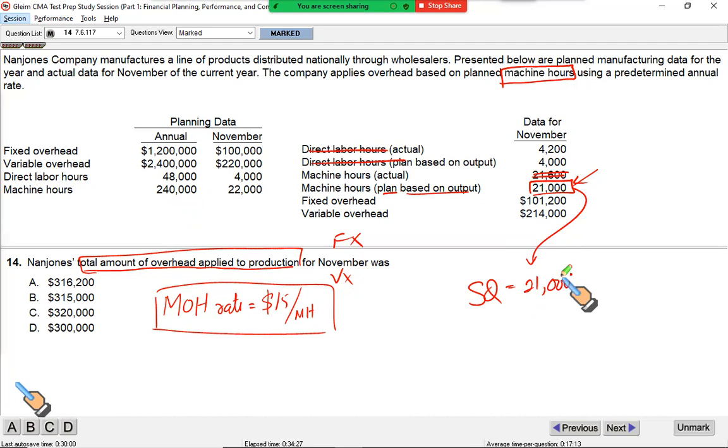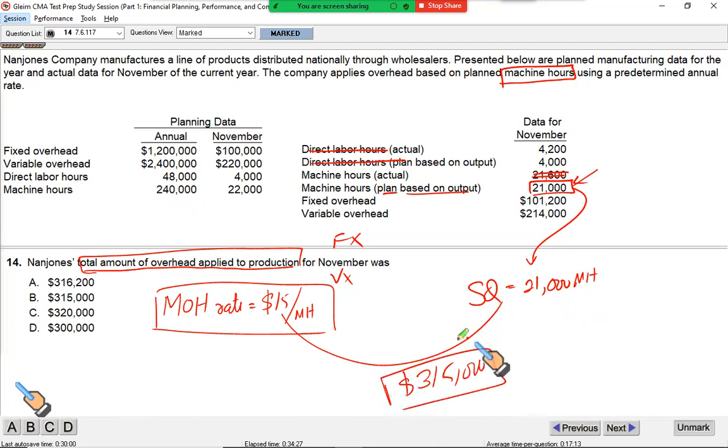Right. Now, our combined manufacturing rate, fixed and variable combined, is $15 per machine hour. How many machine hours we should have used? We should have used 21,000 machine hours, which means our overhead estimated that goes into production is 15 multiplied by 21,000. That gives us 315,000. This is what you call the fixed and variable combined, the manufacturing overhead applied, or the total overhead applied.